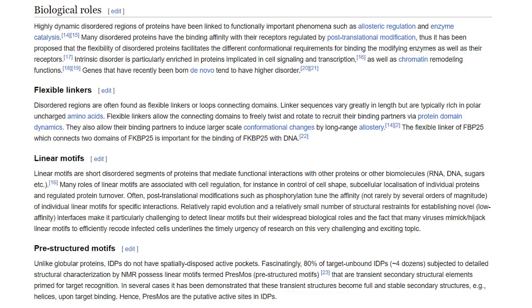These IDPs are very difficult to predict the structure of because they are very transient and flexible, and that is why doing an NMR for a structural study of these proteins is quite complicated. But apart from that, the functions of these proteins are very important. It's quite interesting to study these proteins.